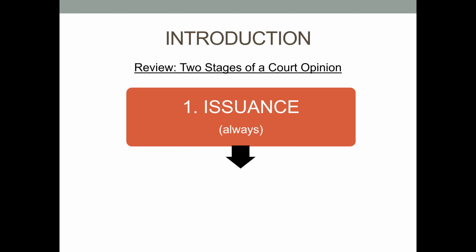A copy of the opinion is then sent to all of the attorneys of record in the lawsuit and any parties that may be in the lawsuit but are not represented by attorneys. So that's issuance. So that always occurs with a court opinion.